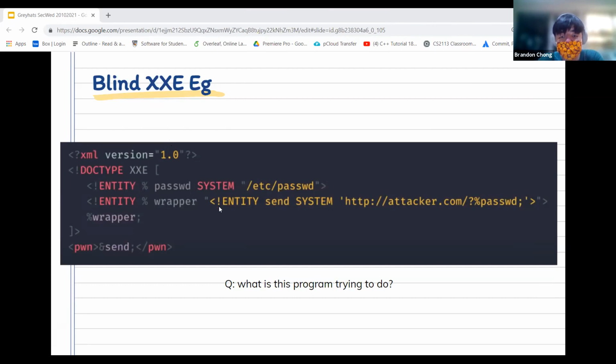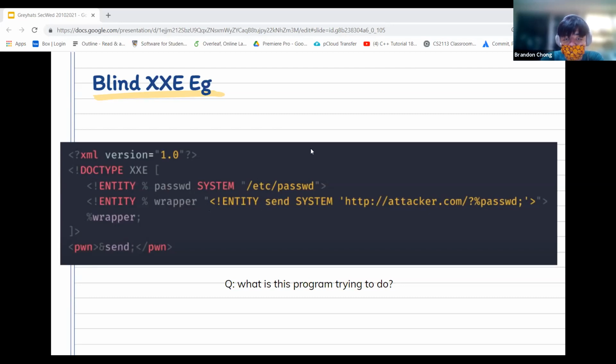It's a parameter entity because we want to use this inside the document type definition. And then we define a separate parameter entity called wrapper. So wrapper will pass the value of the general entity called send.